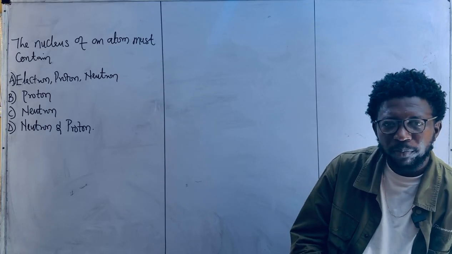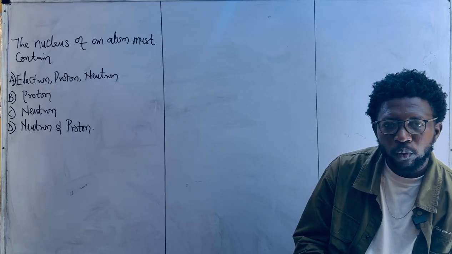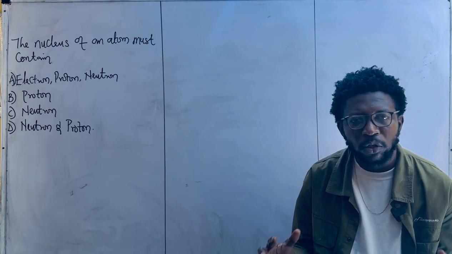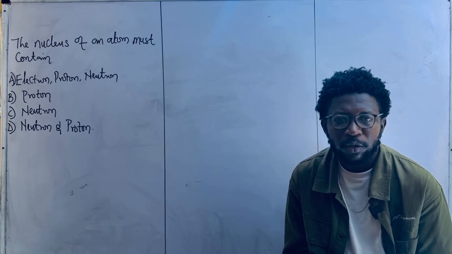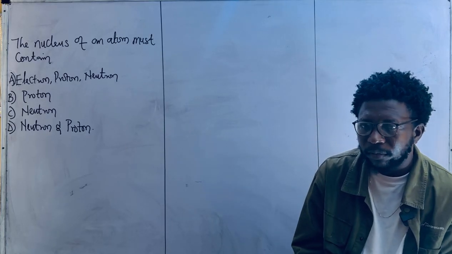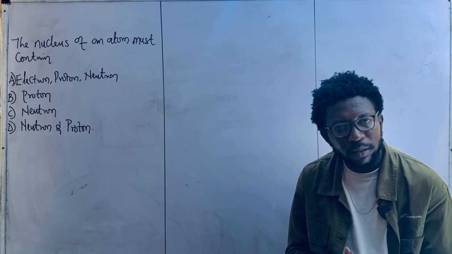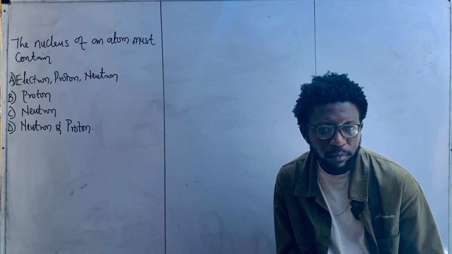If you understand the concept of atomic structure, we all know that an atom is made up of several subparticles. However, we have three of these particles that are fundamental: electron, proton, and neutron.